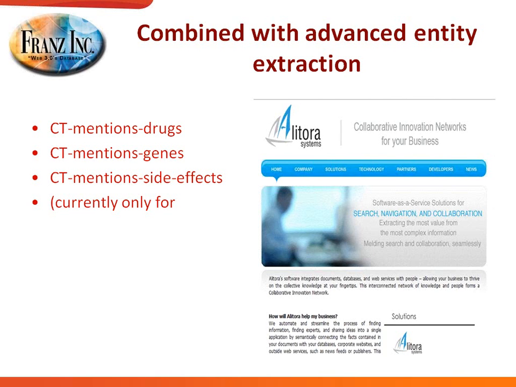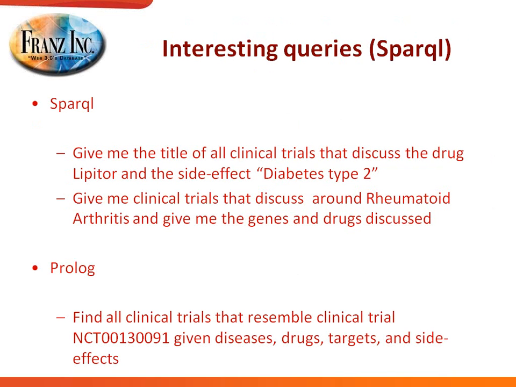And so what they did is they looked for drugs, genes, and side effects, but just straight from their ontologies. And given the time that we had, we only looked at rheumatoid arthritis. And so we got another 50,000 triples out of that, but much better information than just plain text search, what I did earlier.